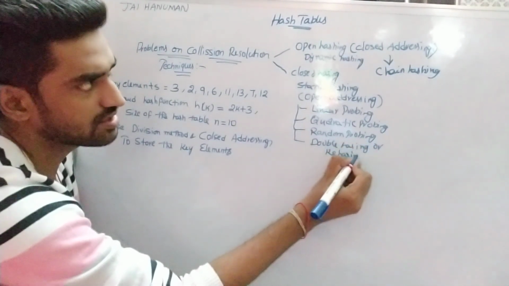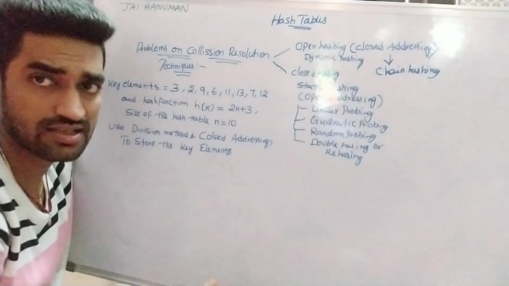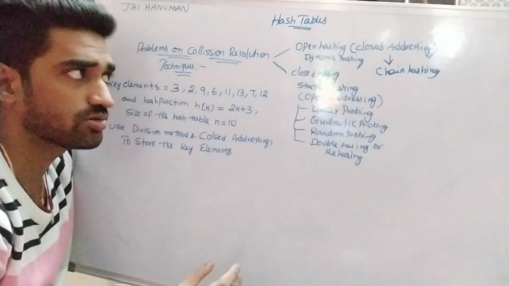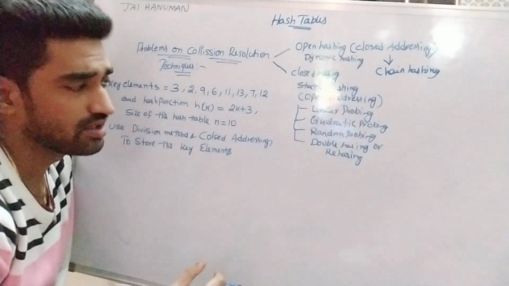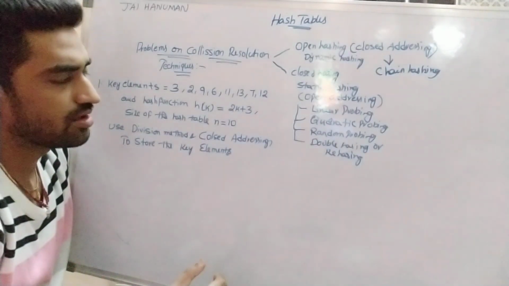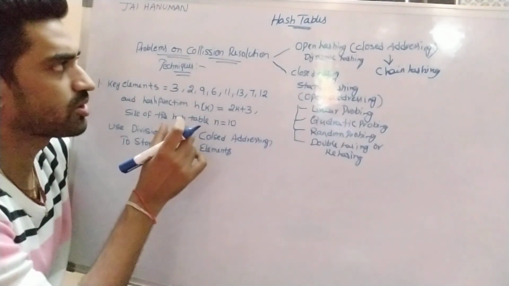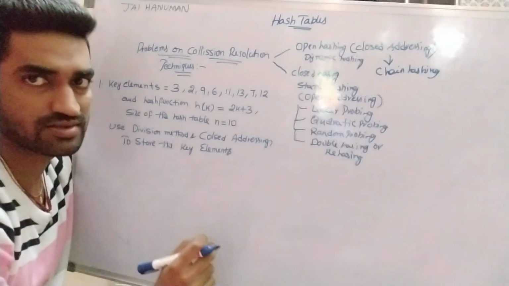So these are the various collision resolution techniques. In the previous session we already discussed how to implement these mechanisms, right? So in this session we are discussing problems related to collision resolution techniques, right?